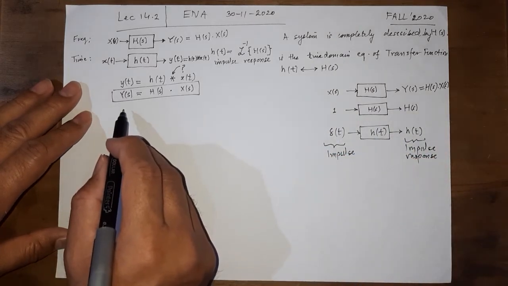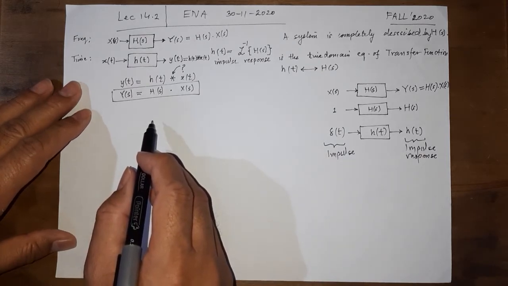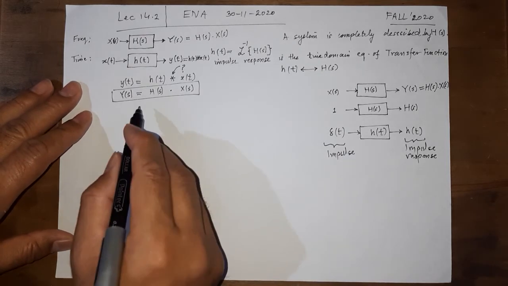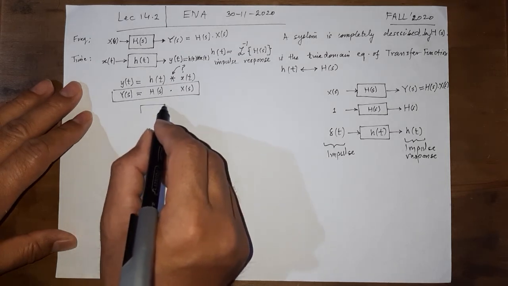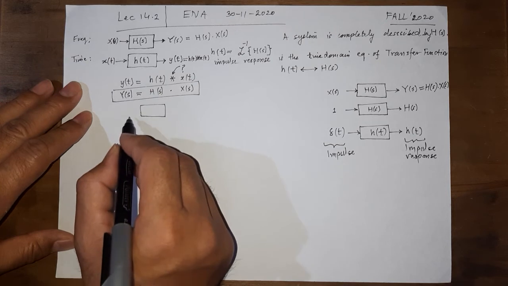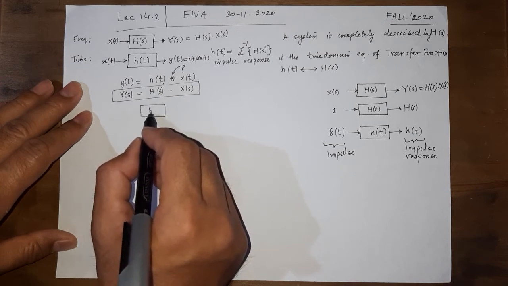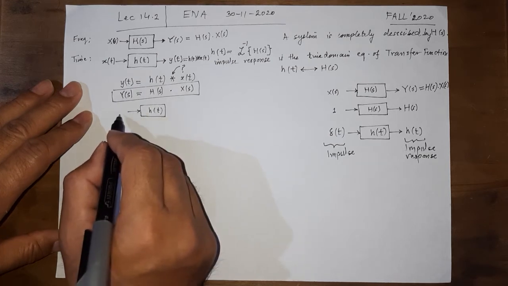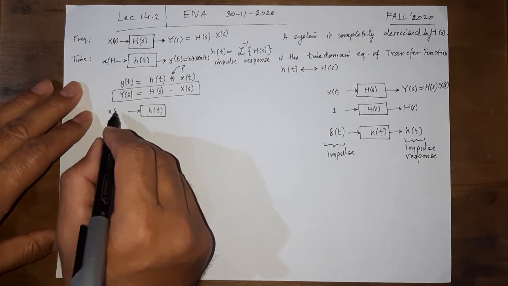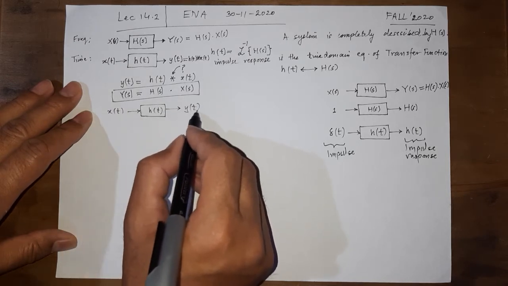So let us now look at another ride that I am going to take you to. What we want to find is this thing. We have a system. It has some impulse response. If the input is some function x of t, the output is something, say y of t.